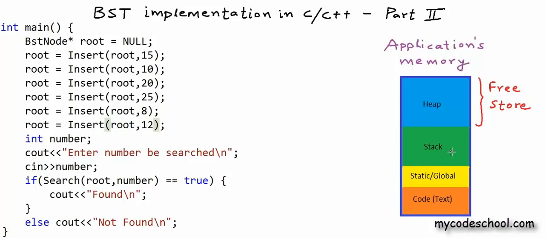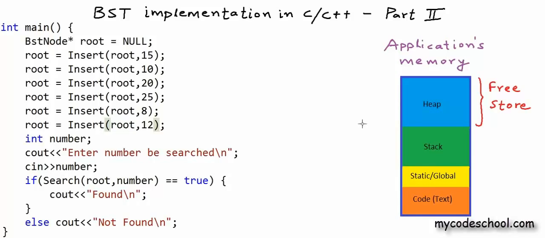The size of all of the segments is decided at compile time, but heap can grow during runtime, and we cannot control allocation or deallocation of memory in any other segment during runtime, but we can control allocation and deallocation in heap. We have discussed all of this in detail in our lesson on dynamic memory allocation. You can check the description for a link.